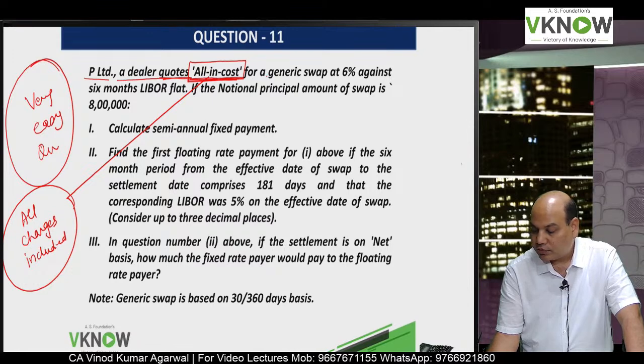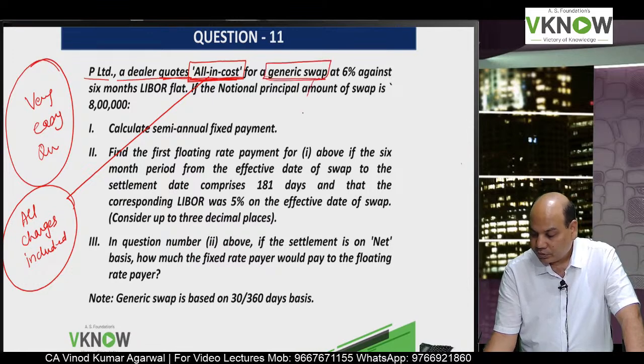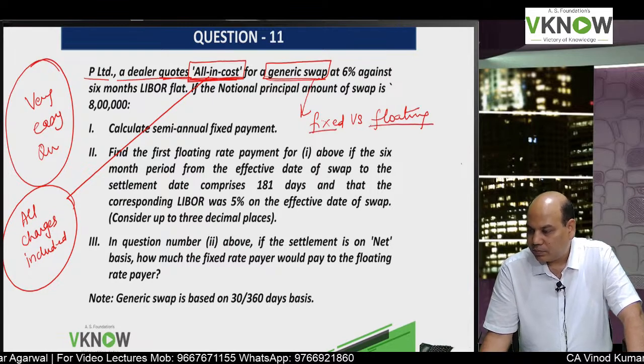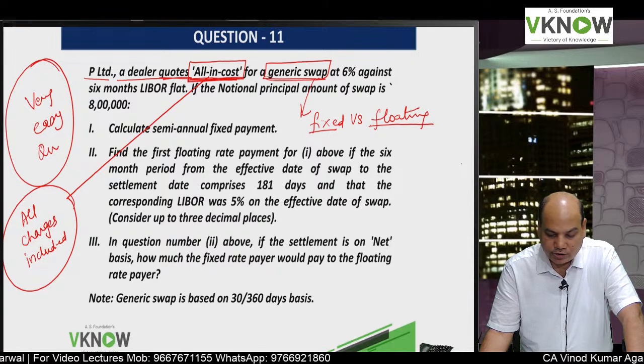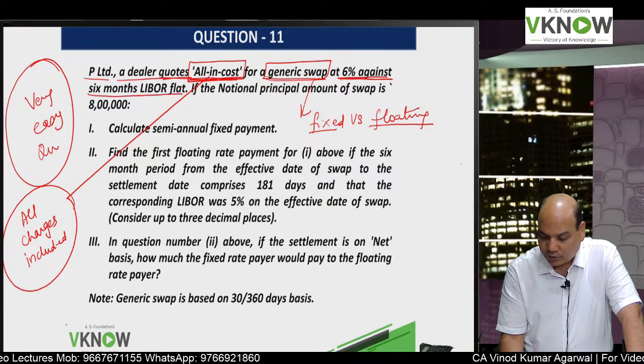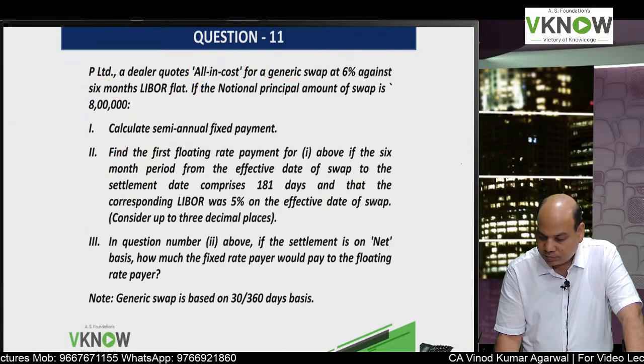All in cost for a generic swap. Generic swap means swap of fixed versus floating rate. One party will pay fixed rate, one party will pay floating rate. That is generic swap at 6% against 6-month LIBOR flat. So what is the deal?